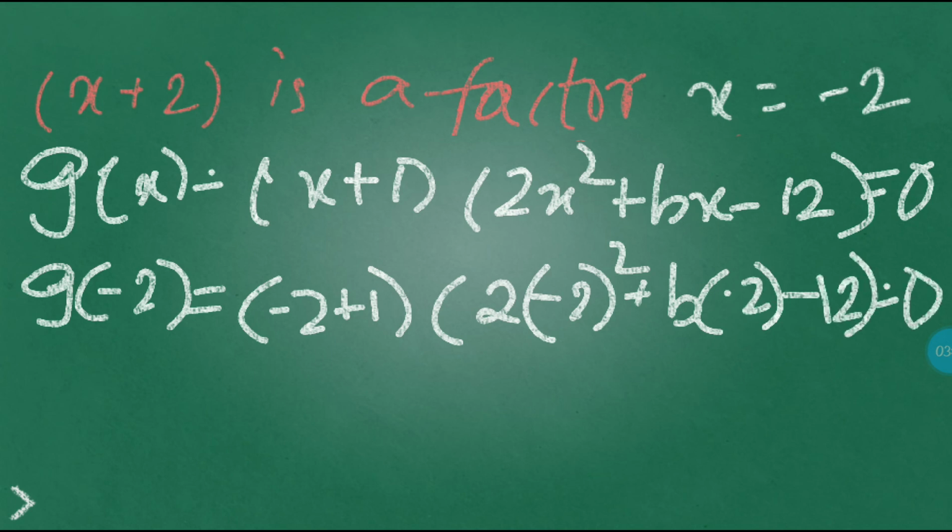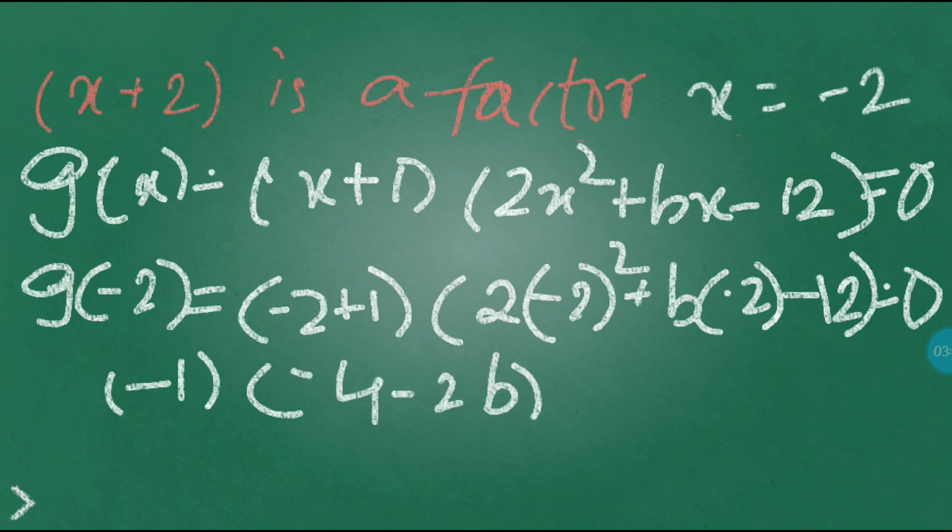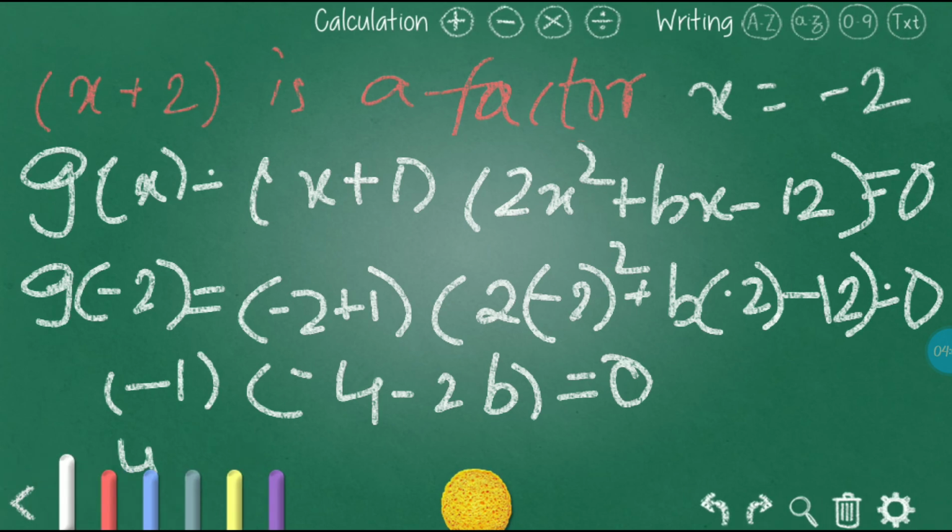Then we have to simplify this. So this will become minus 1 into (2 into 4, since minus 2 square is 4, so 2 fours are 8, and 8 minus 12 is going to be minus 4), minus 2b is equal to 0. This is the continuation of the step.